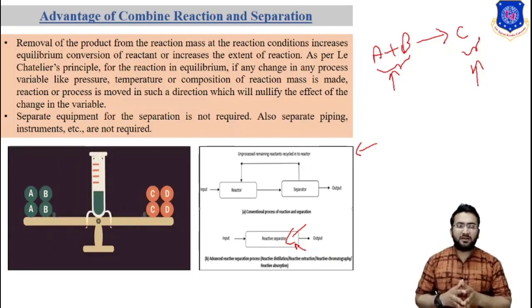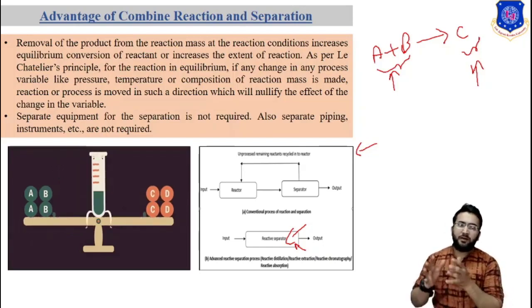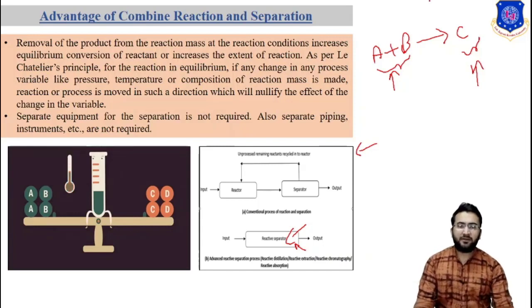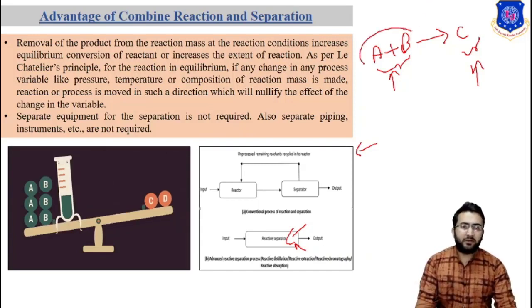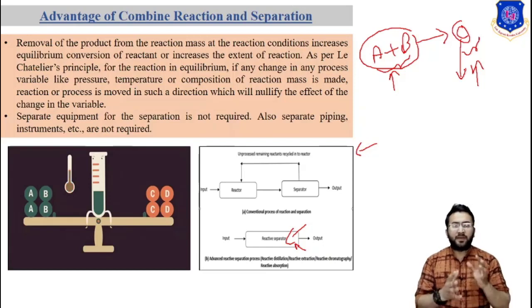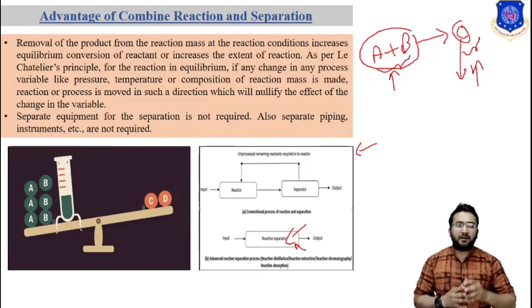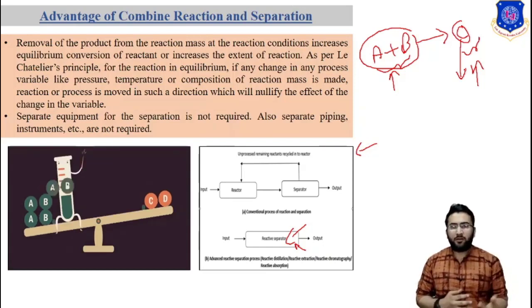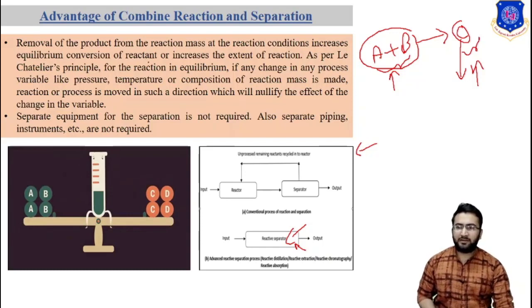So the reaction tries to nullify the effect of the change. Suppose there are two reactants A and B and they make product C. Now if we continuously remove this product C, the reaction tries to make more and more product, as shown in this image.